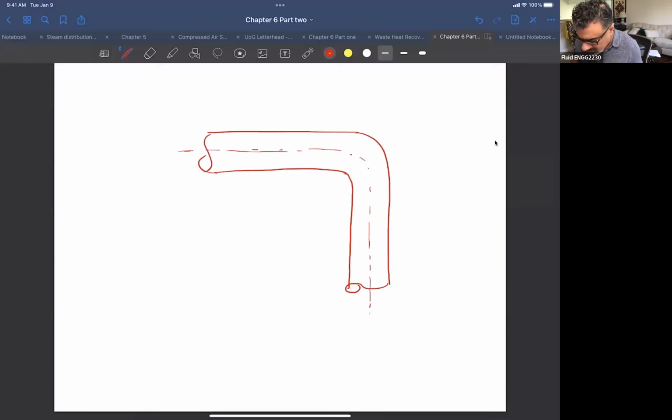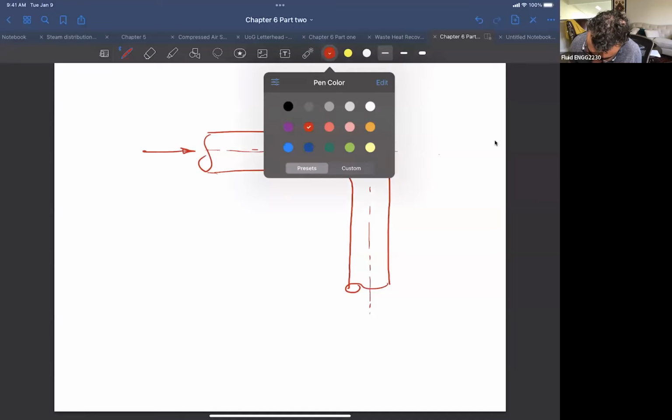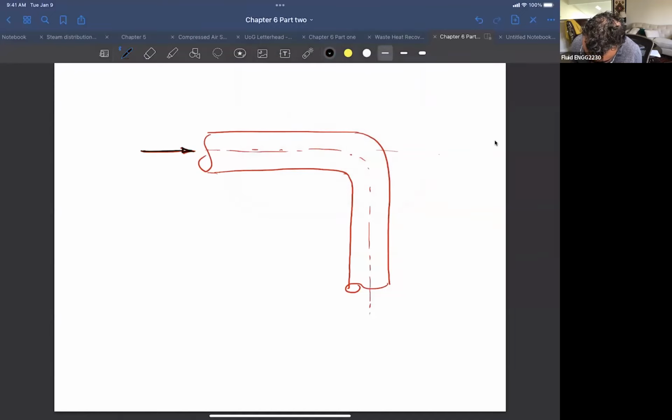This doesn't have to be a 90-degree elbow. It could be a different angle type of elbow, but this is a 90-degree elbow. And the flow is going like this. So let's say this one here is 1, and this is 2.